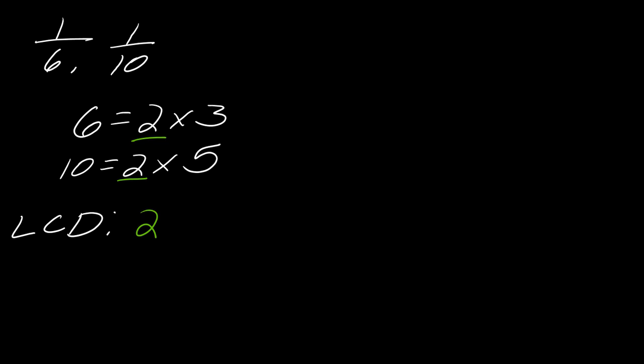And then the 2 things that they don't have in common, i.e. the 3 and the 5, you also write those down. So you have 2 times 3 times 5. That's everything together, and that's going to equal 30. The 2 is the commonality that divides both numbers, and these other numbers that they don't share all go into the LCD. So the LCD here is 30.